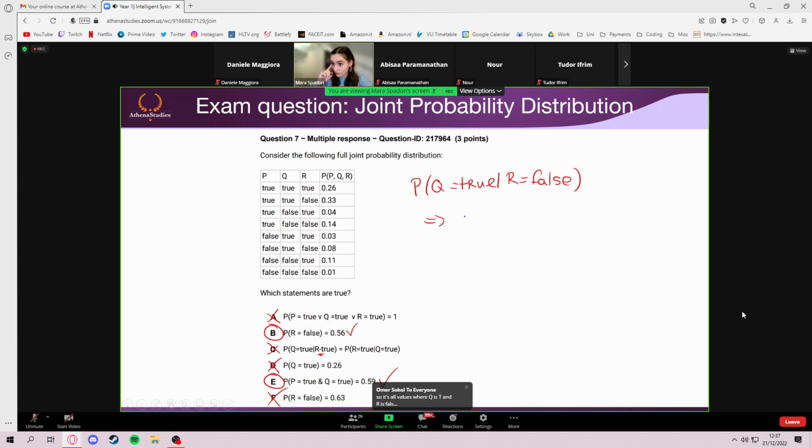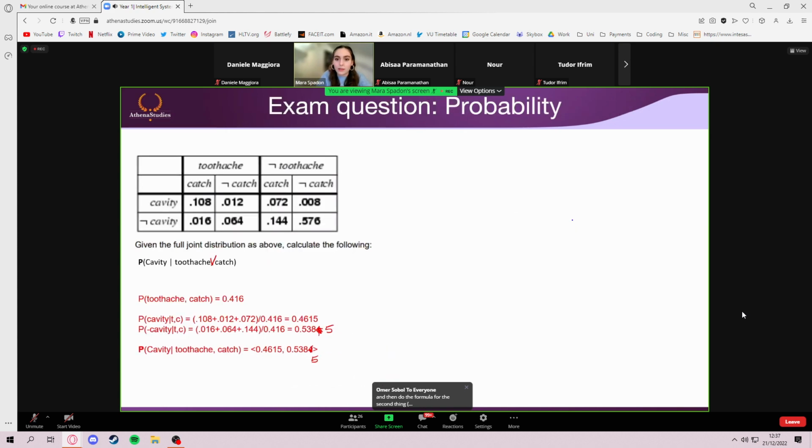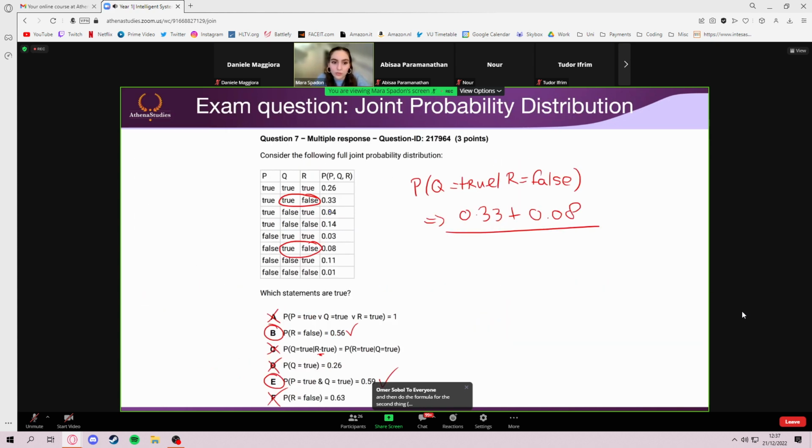So you would do every value where Q is true and R is false. Q is true, R is false is this one and that one, I believe. So then we do 0.33 plus 0.08, and you divide that by P of B. So that is R is false. So we know that that is 0.56. So let's do that. 0.73.